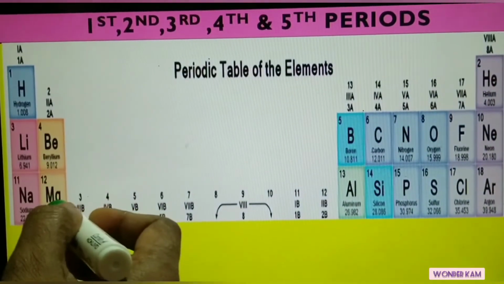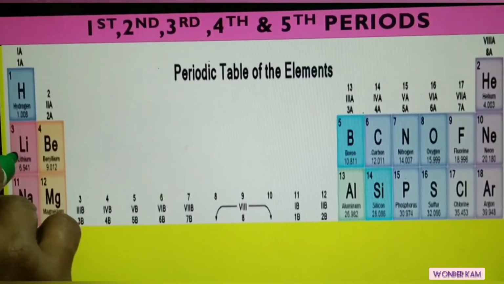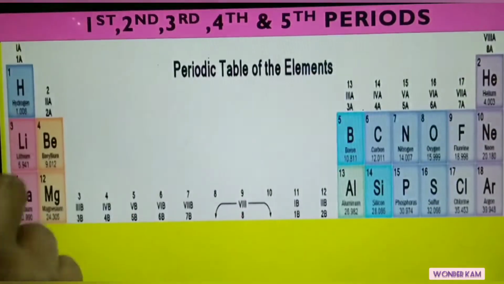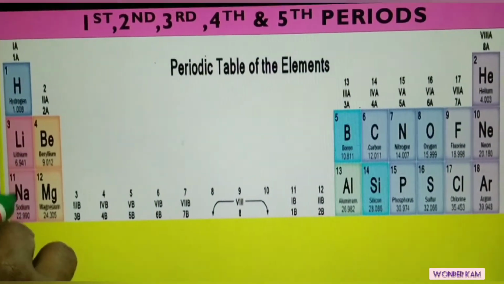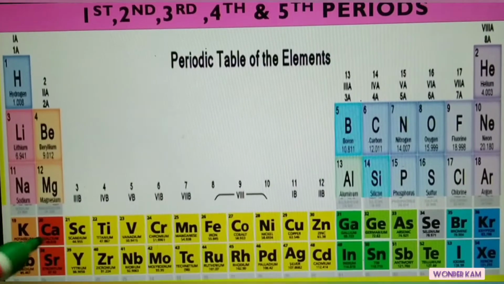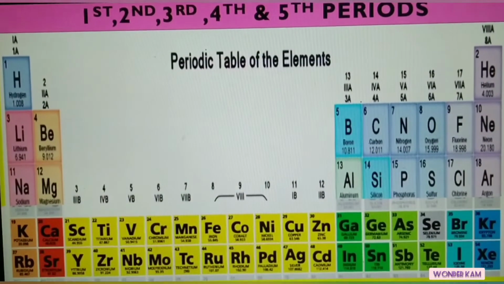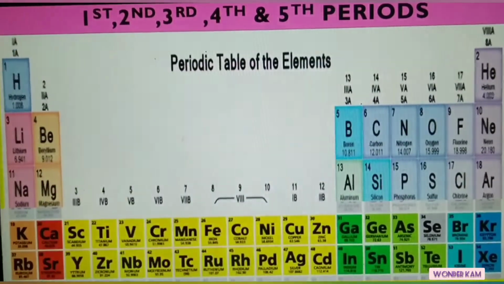The second and third periods contain 8 elements each. The second period goes from lithium to neon, and the third period goes from sodium to argon. Similarly, the fourth and fifth periods contain 18 elements each. The fourth goes from potassium to krypton, and the fifth goes from rubidium to xenon.